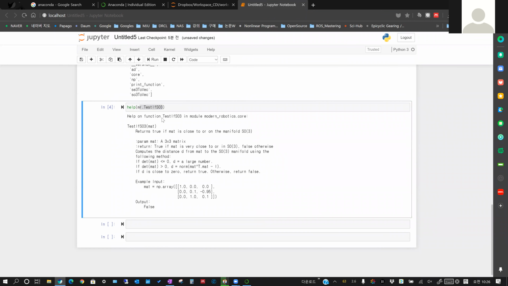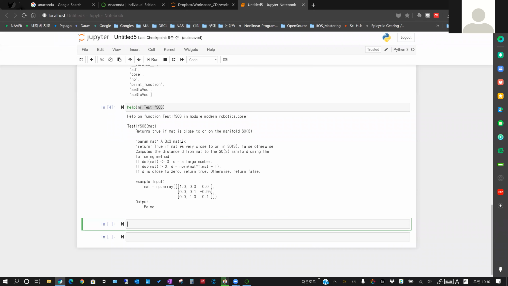The TestIfSO3 function returns true if the matrix is SO3. If the matrix is SO3, it returns true. Let's test this one.